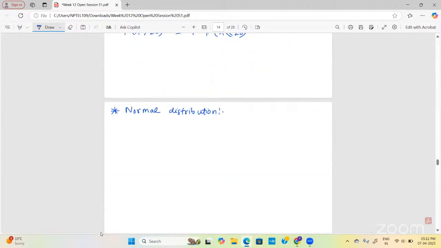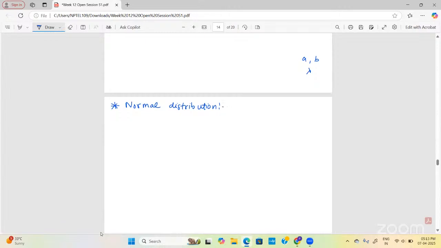Okay, now next is normal distribution. Again, for normal distribution, we have to see two things: its PDF and the range. And you should remember the parameters also. In uniform, the parameters were a, comma, b, two parameters. In exponential distribution, there was only one parameter, which was lambda.